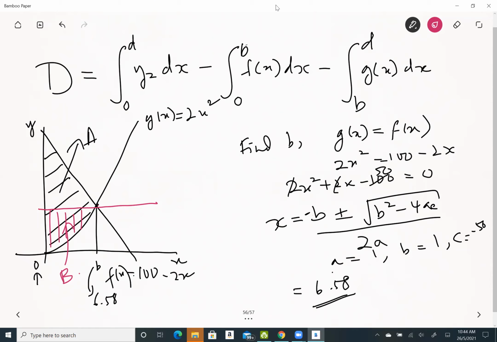Okay. Then? No, we don't need f of x because we don't want to find the area A. We only want the area B. So f of x not needed.